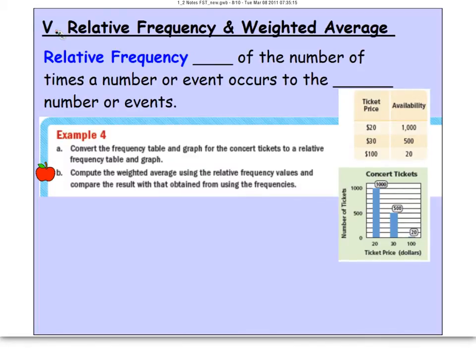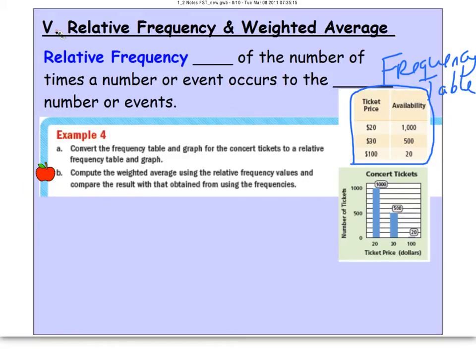Now, on Alexis' example, what they gave us here, this right here is called a frequency table. Okay, so it's a frequency table, and it's a table of counts. So frequency is the count, and this right here is a count. They want us to convert the frequency table to a relative frequency table.